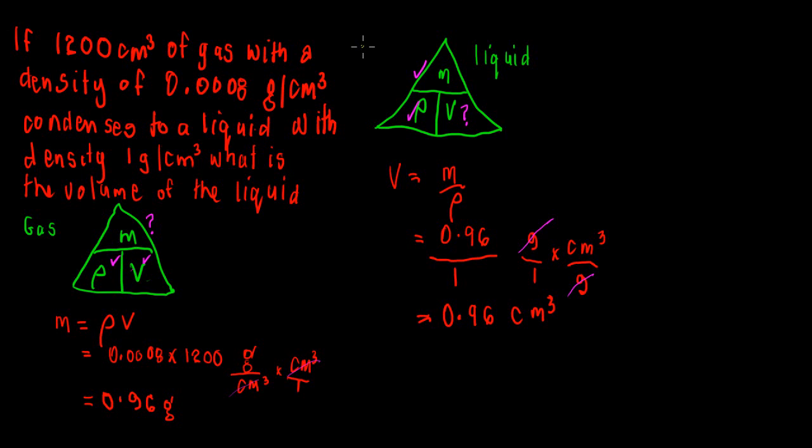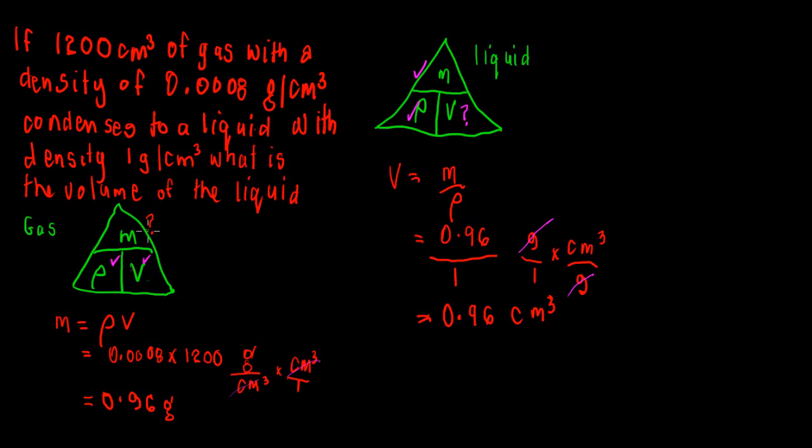The first thing here is to look at the gas, because we've got two bits of information about the gas. I've got the volume and I've got the density, so I haven't got the mass. So let's find out everything about the gas first.